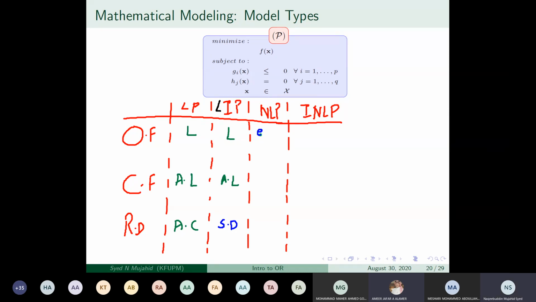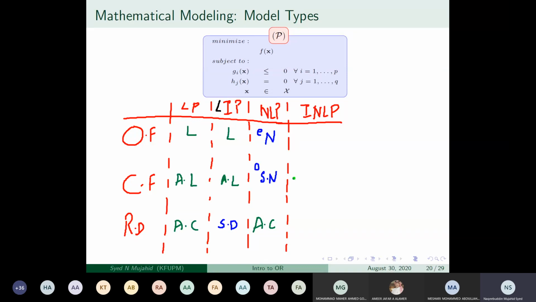Okay, so you should find nonlinearity either here or here. Anywhere you should find some nonlinearity. So either in the objective function you should have some nonlinear, or some of the constraints should be nonlinear. And then for restriction of domain, all the variables should be continuous. So that is what makes it a nonlinear program.